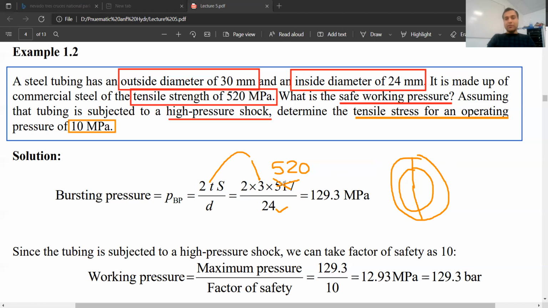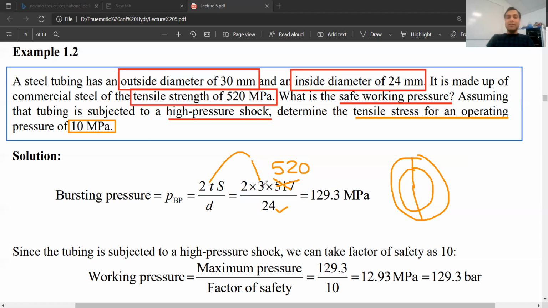We have that value. So this is 520. If you put that value in the calculator, you get around 130 megapascal. Because here, if you have a look, this was in megapascal, hence the answer is in megapascal.